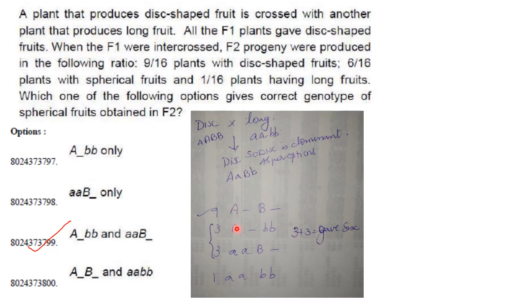Now 6 you got by addition of these 2 genotypes. That is 3 plus 3 will give you 6. So the correct genotype of the spherical fruits obtained in F2 plants will be capital A, small b, and small a, capital B. So the answer here is option 3.